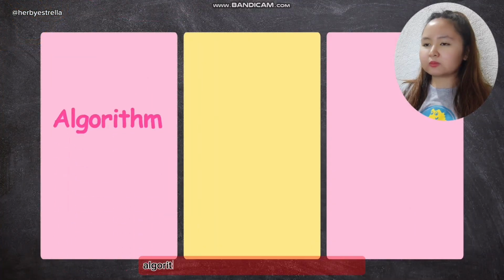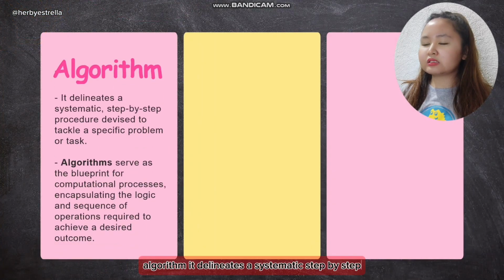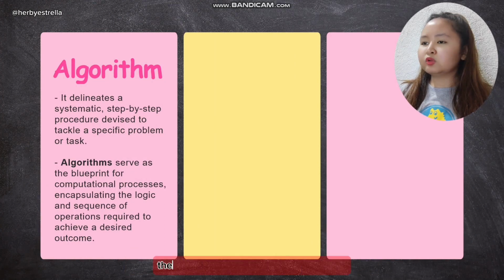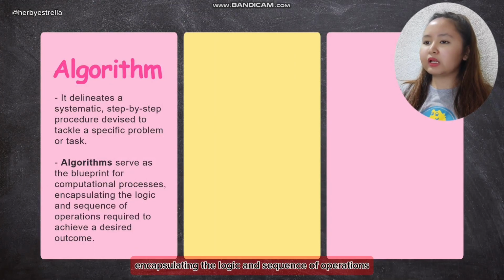endeavors. Algorithm. It delineates a systematic, step-by-step procedure devised to tackle a specific problem or task. Algorithms serve as the blueprint for computational processes, encapsulating the logic and sequence of operations required to achieve a desired outcome.